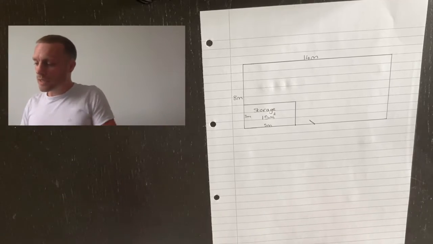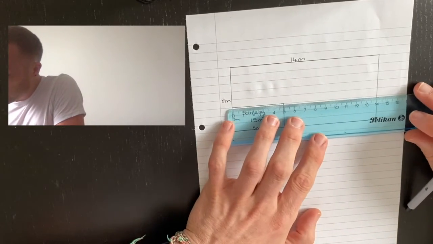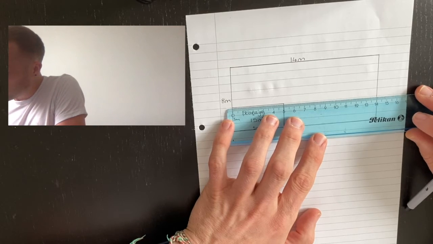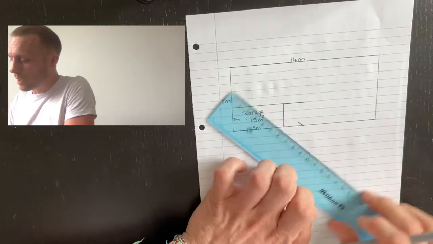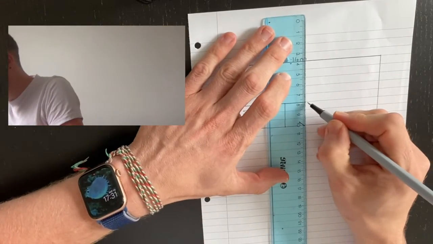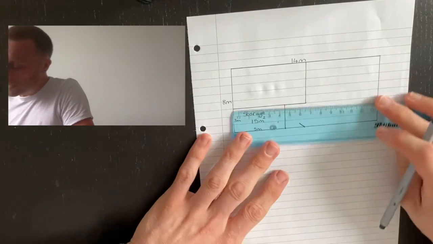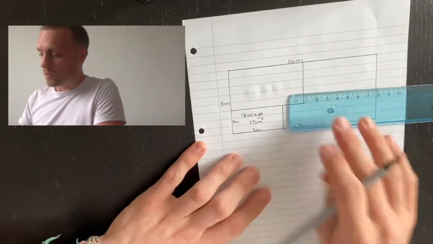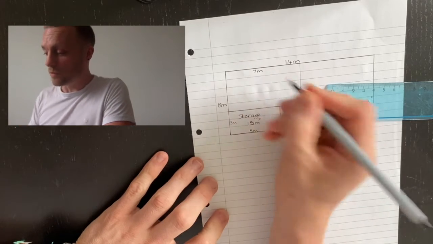Now, I think we're going to need some sort of classroom. So let's extend this room here. I need the classroom to be quite big. So I've made it 7 metres wide, so it's 7 centimetres, because we're saying that every centimetre is 1 metre.